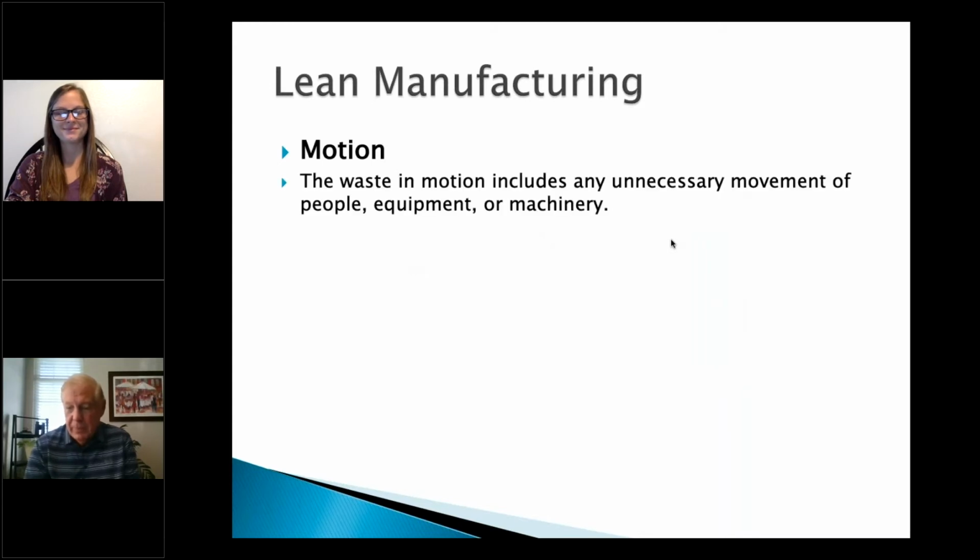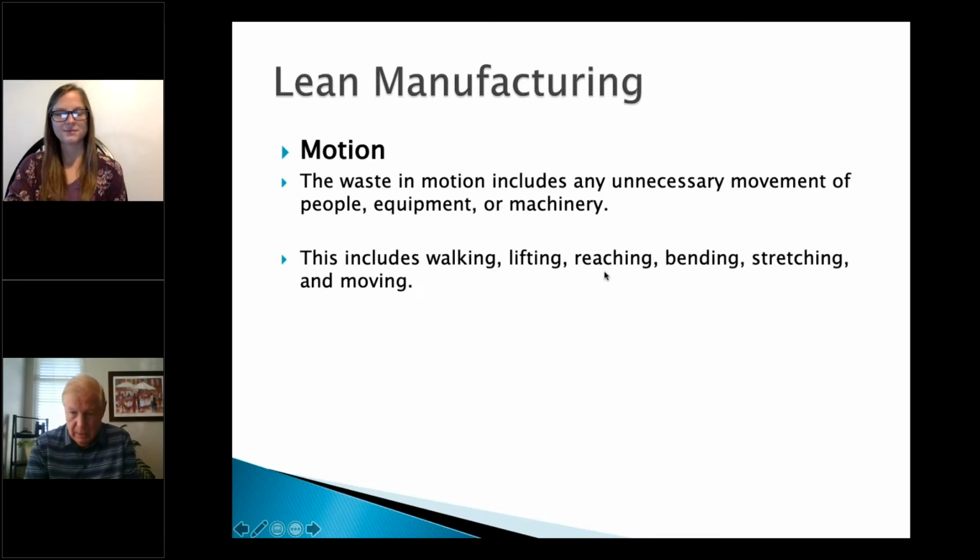The first one we're going to talk about is motion. It's very straightforward: unnecessary movement of people, equipment, or machinery. Believe it or not, it includes walking, lifting, reaching, bending, stretching, and moving.